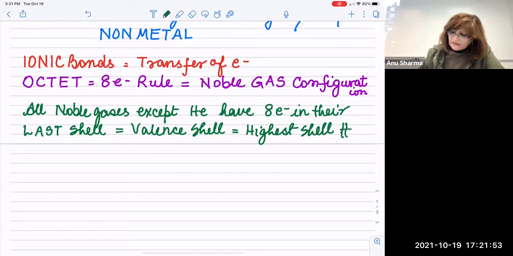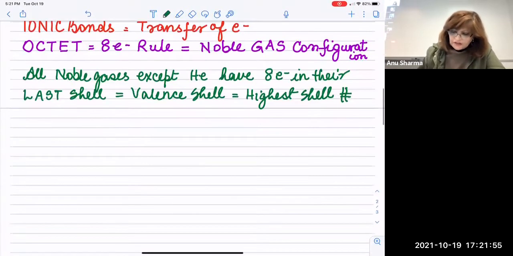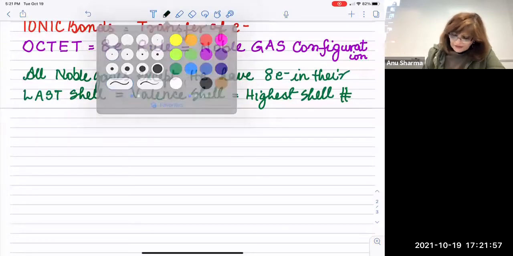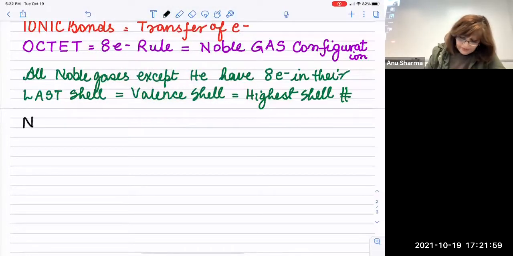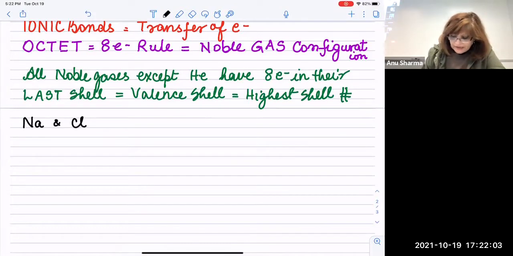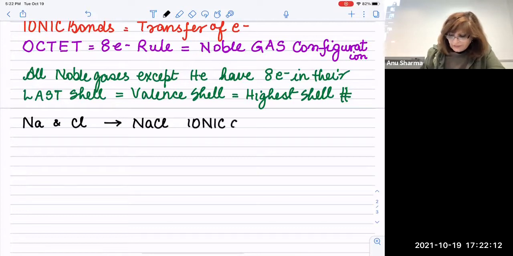Okay, now let's look at the electronic configuration of sodium. Very simple ones. Let's look at sodium and chlorine. So when they combine, then they form sodium chloride, which is the ionic compound. It has ionic bonds. Okay.